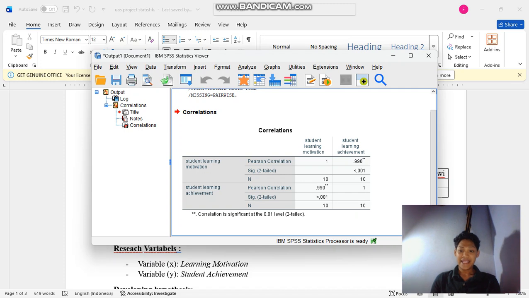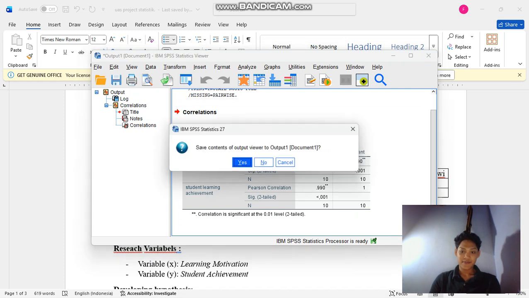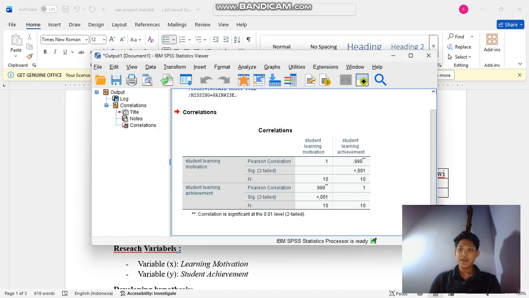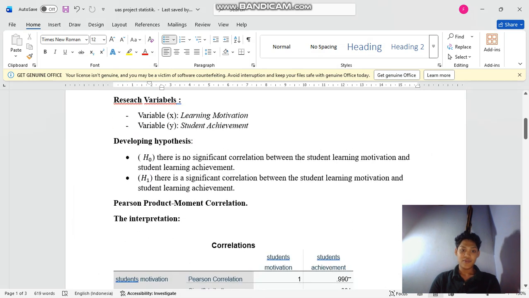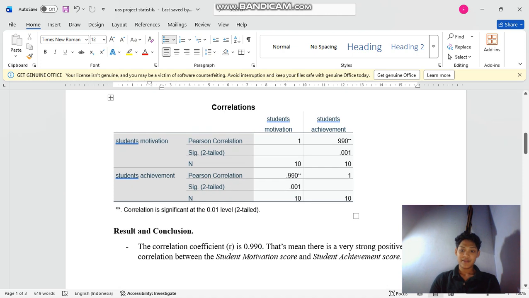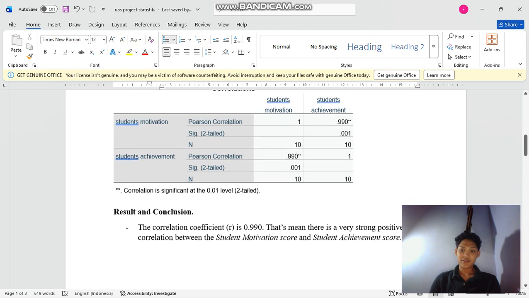So we can reject the null hypothesis. We use the alternative hypothesis: there is a significant correlation between student learning motivation and student learning achievement, because the significance score is smaller than the alpha.